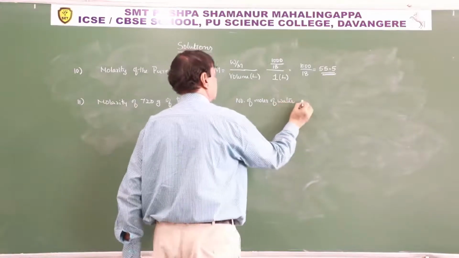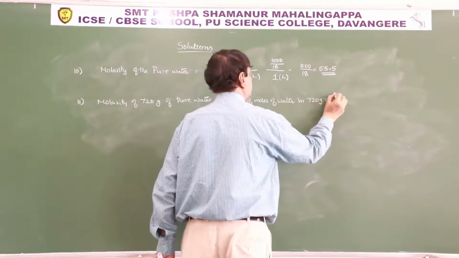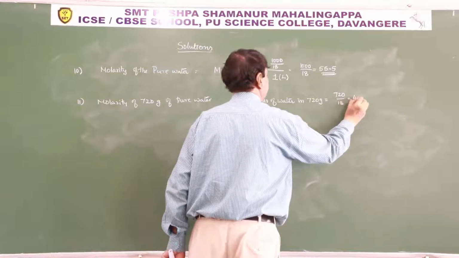water in 720 gram is equal to 720 divided by 18, that is equal to 40.